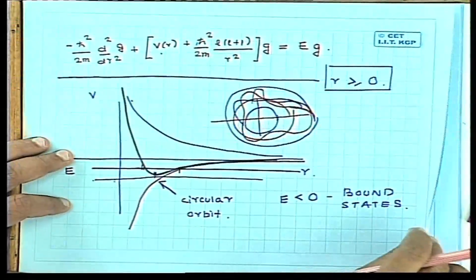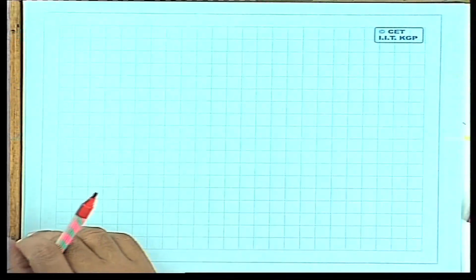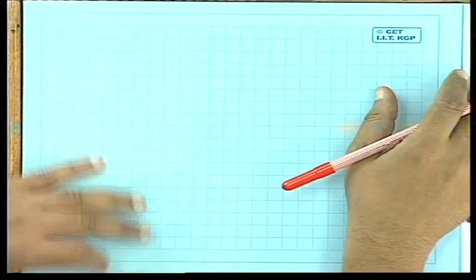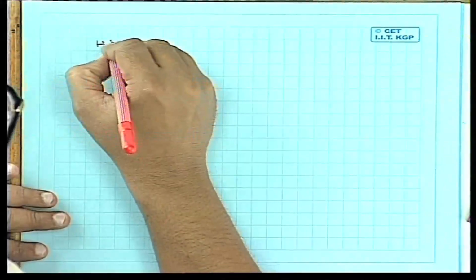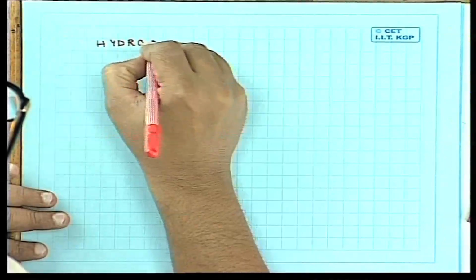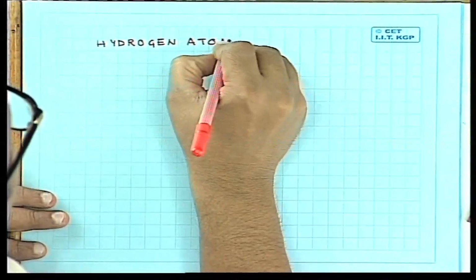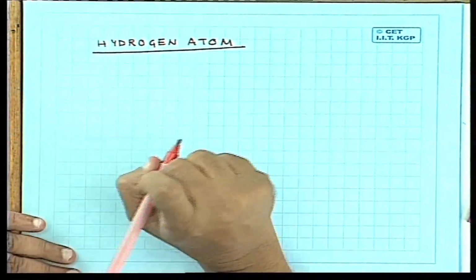I shall consider only one particular case over here, which is the 1 by r or the Coulomb potential with the application to the hydrogen atom. So for the hydrogen atom, this is the particular case which we are going to consider.